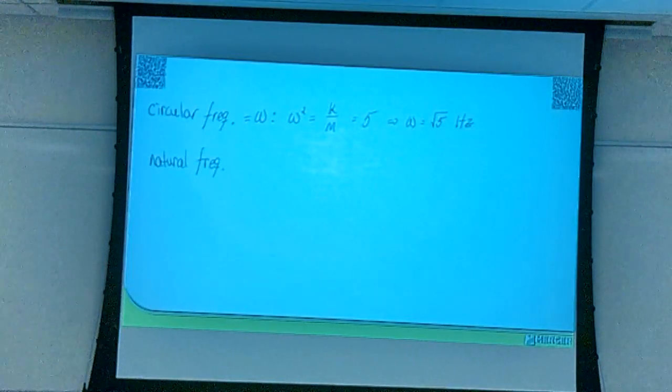The natural frequency is defined as f, and it's just your circular frequency divided by 2 pi. Root 5 divided by 2 pi hertz.